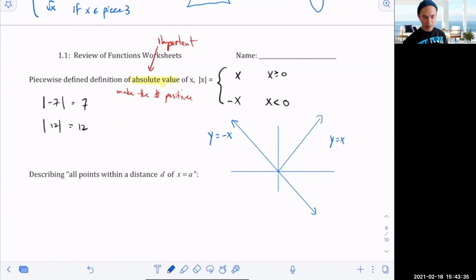Can you see what it fails? Correct. It fails the vertical line test. So the right-hand side is not a function. But remember, we only want to graph this line on the pieces where it's defined. This is only defined for negative values of x. So actually, we need to erase this. So when you do that, then you get the graph of absolute value, which is basically a V. This is one of our basic shapes.